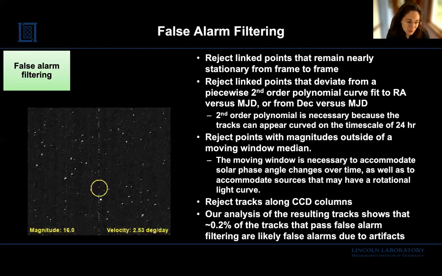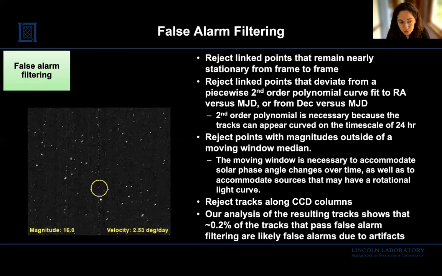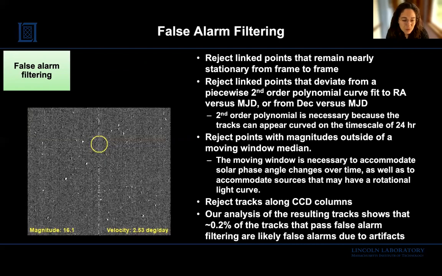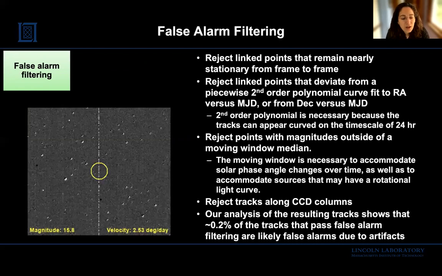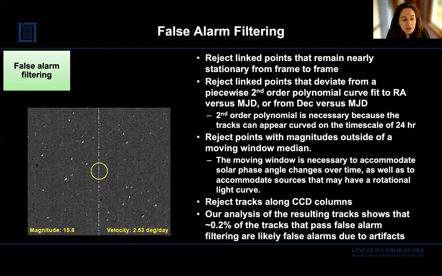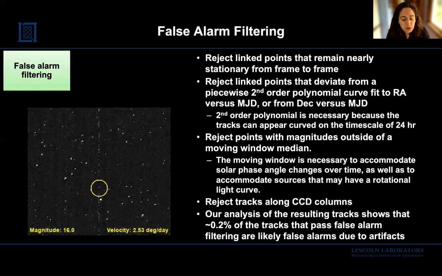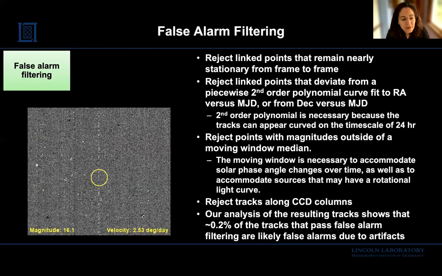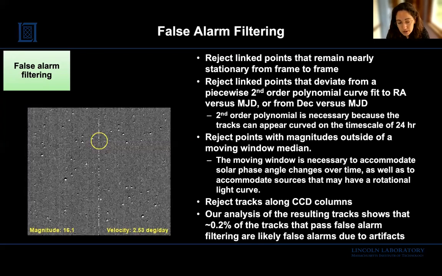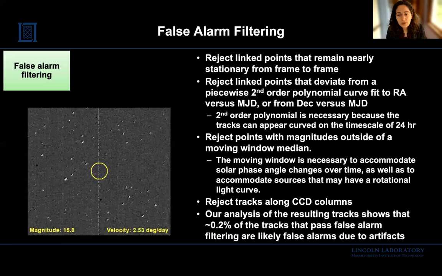And the moving window is necessary because we don't want to throw away asteroids that have actual variations in brightness, as you'll hear about in other talks today. We reject tracks on CCD columns, and this set of criteria and our tracker has been very reliable. We are finding that less than 0.2% of all tracks that pass our false alarm filtering are actually artifacts. So it's a very low false alarm rate.